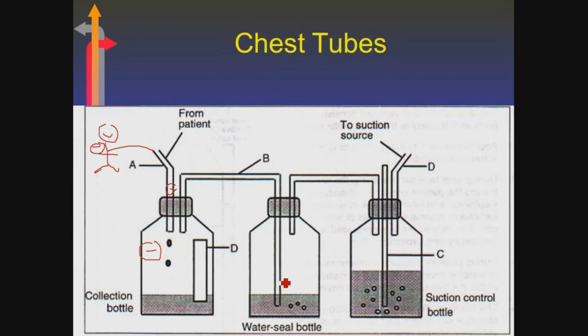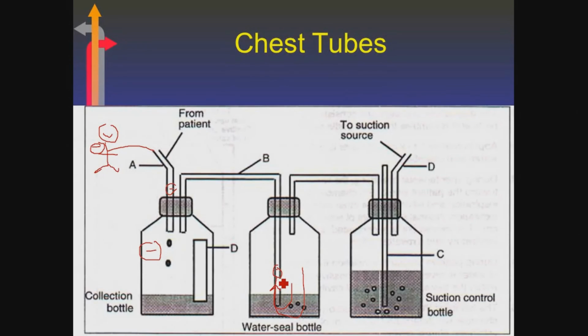So any negative pressure inside this tube would just pull the water back up. When they exhale and create a positive intrathoracic pressure, it'll actually push air back out and push the bubbles, and you'll see bubbles there. So negative on inspiration, positive on expiration. That's what we normally do, right? The intrapleural pressure is negative, so it's not going to allow air to be sucked back into the system. That's the purpose of a water seal.